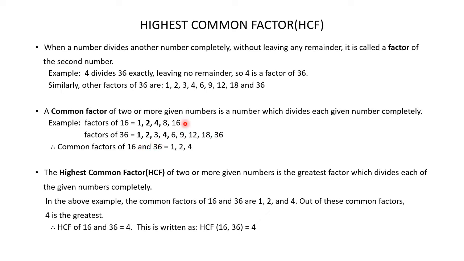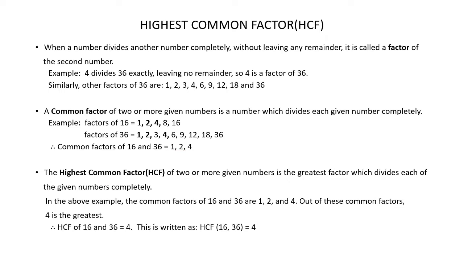When you observe the factors of 16 and the factors of 36, you will notice that 1, 2 and 4 are common for both. 1, 2 and 4 are the factors of 16. 1, 2 and 4 are also the factors of 36. So the common factors of 16 and 36 are 1, 2 and 4.